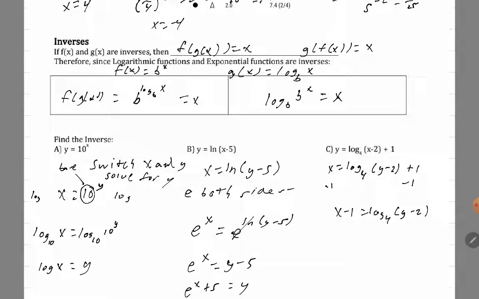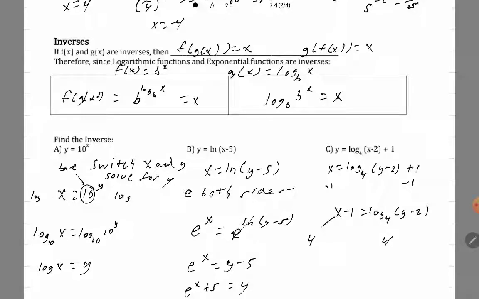Okay. And remember, this is log base 4. To do the opposite, I'm going to use my base 4 and put everything into the exponent.